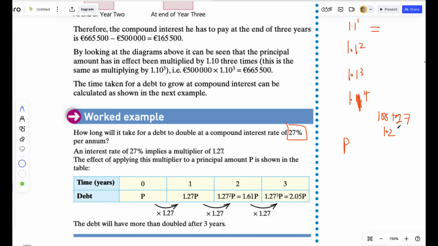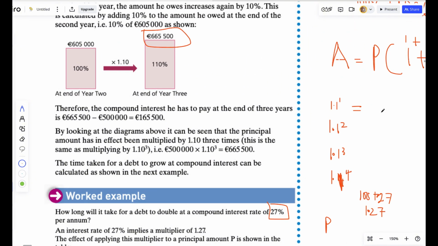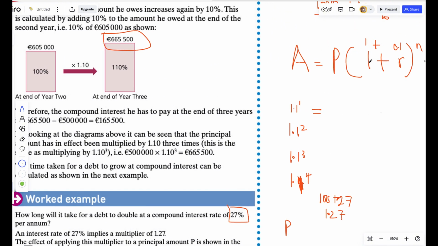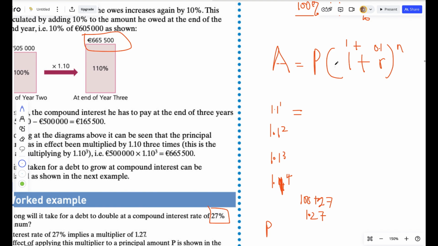Now you'll be wondering how we got 1.27 because of the formula. Look at the formula. We said this 100% represents 1. Or you say 1 plus 0.27. Because 27% means 0.27 if you change to decimal, to multiplier. Meaning 27 divided by 100. That's what gave you this. So if you add 1, it becomes 1.27.